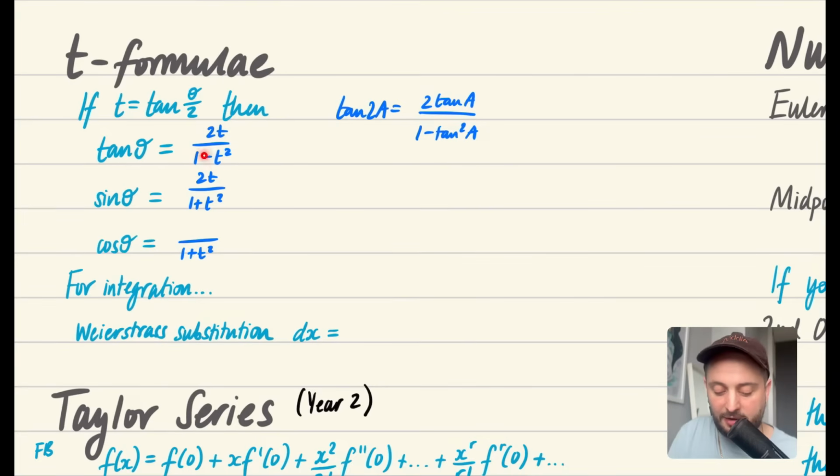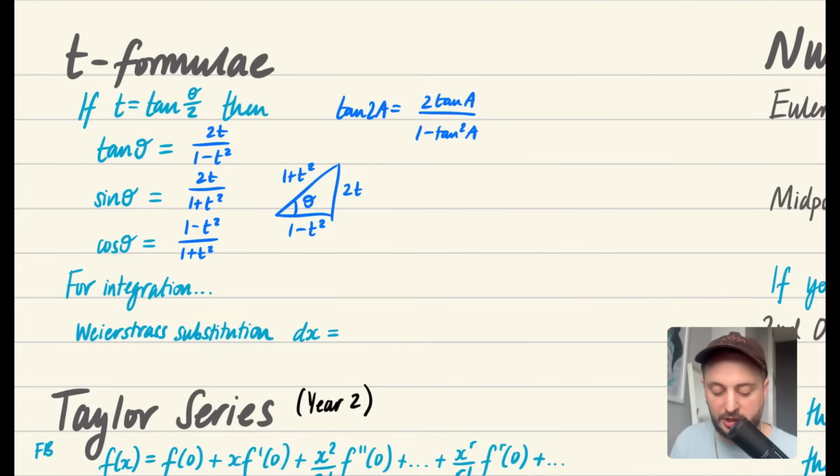And then the numerator for cos is 1 minus t squared, so we get that 1 minus t squared. All that stuff I was really just saying is that if we have that angle theta, we have 2t, 1 minus t squared, and 1 plus t squared. So if you find memorizing that triangle better, that might help you as well.